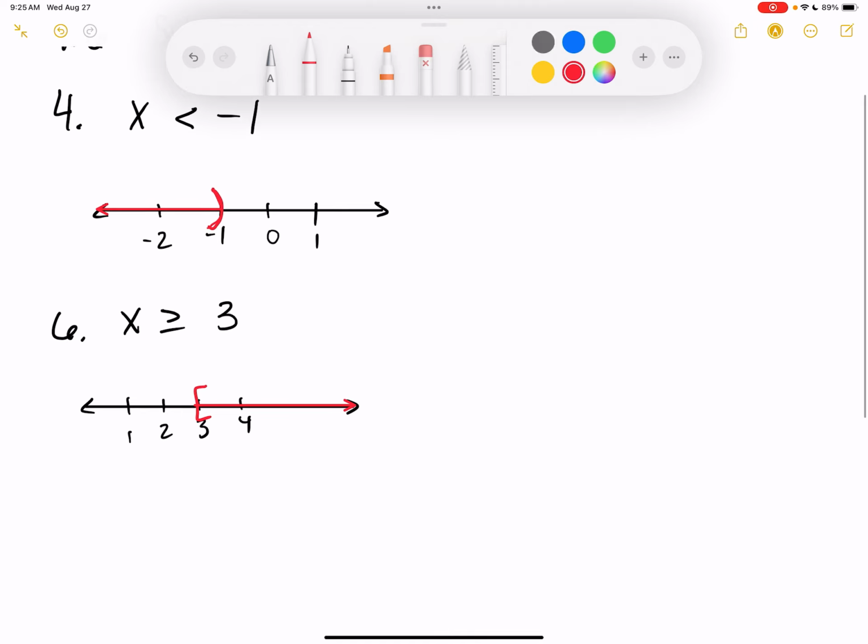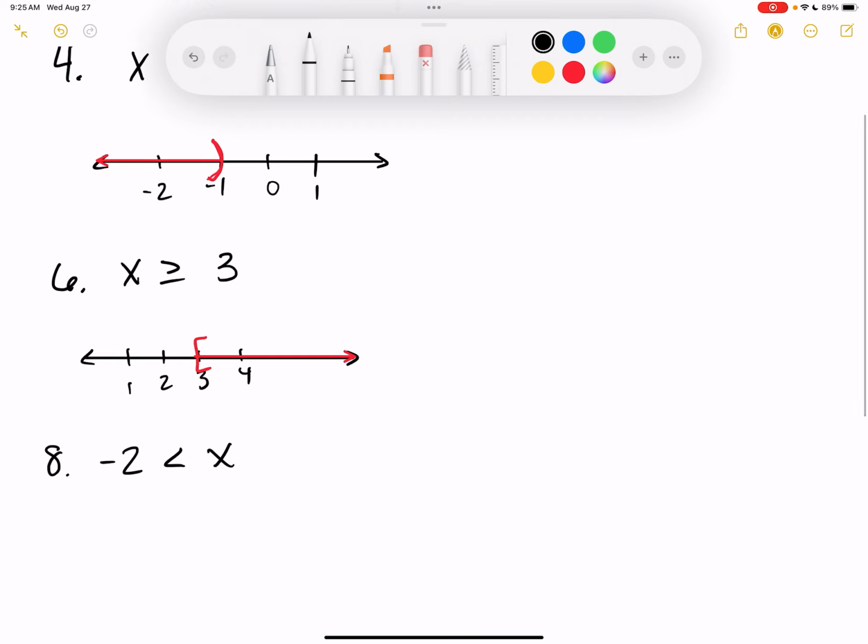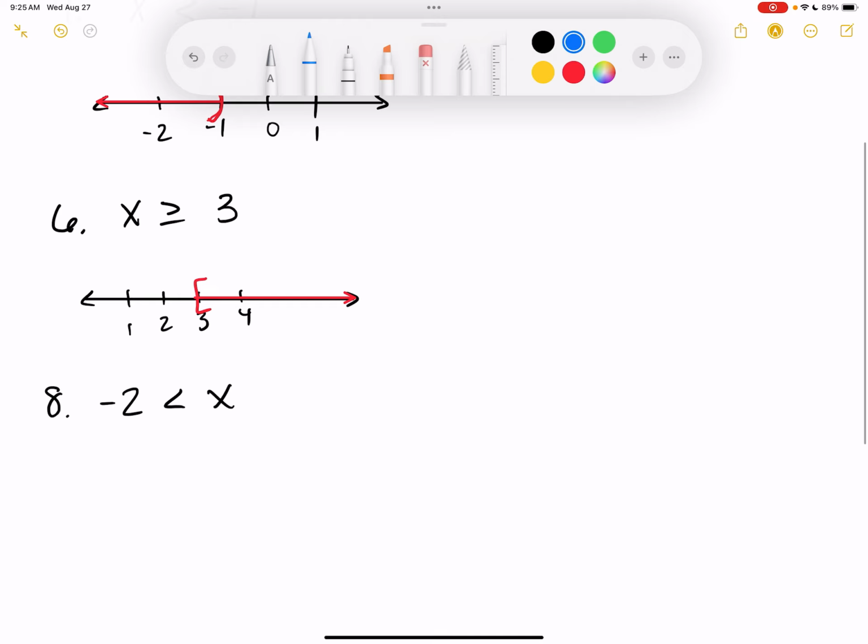There are a couple here, like number 8, that are written backwards, so they do -2 is less than x. I would recommend that to make sure you get this going the right direction, you rewrite it in the order where the x is on the left. So x is greater than -2, just to make sure that you graph it the right way.